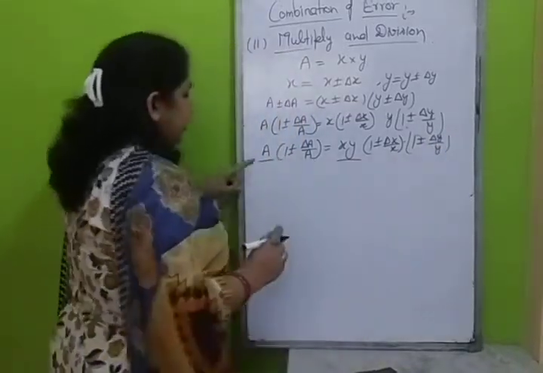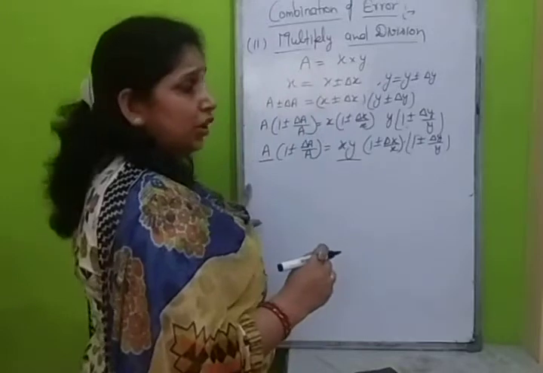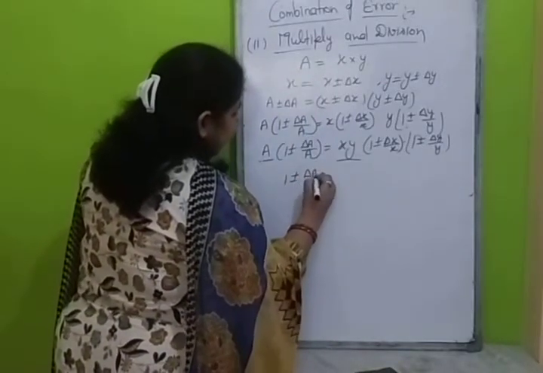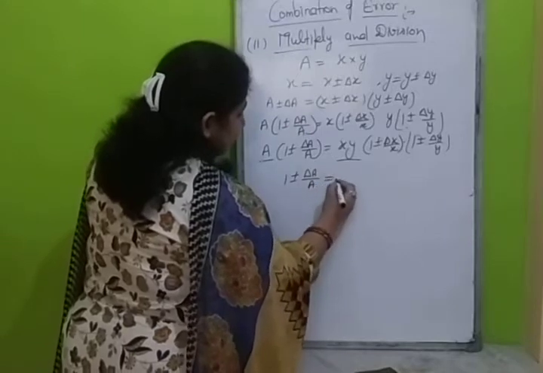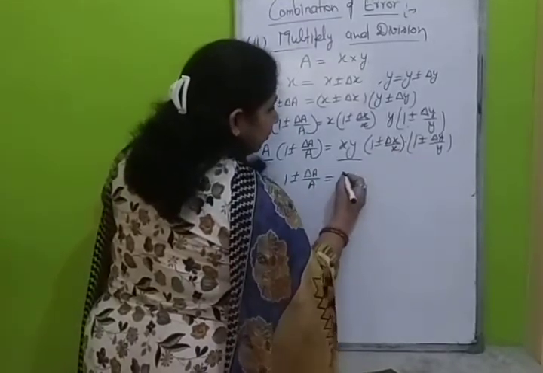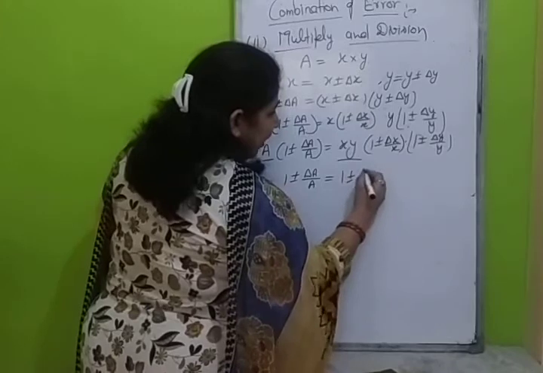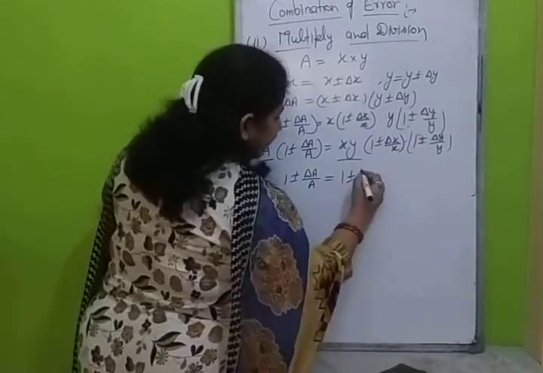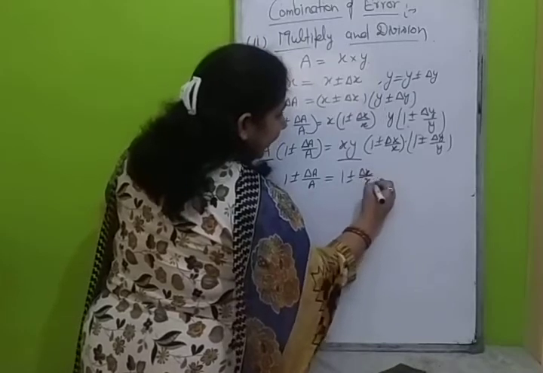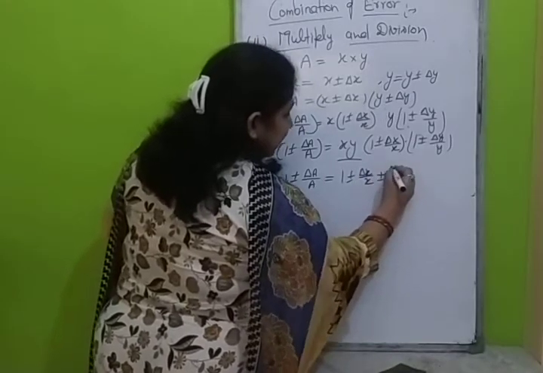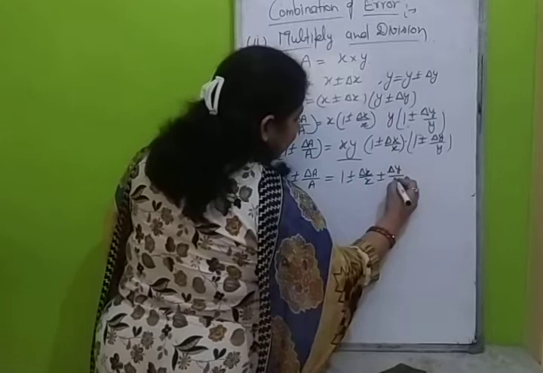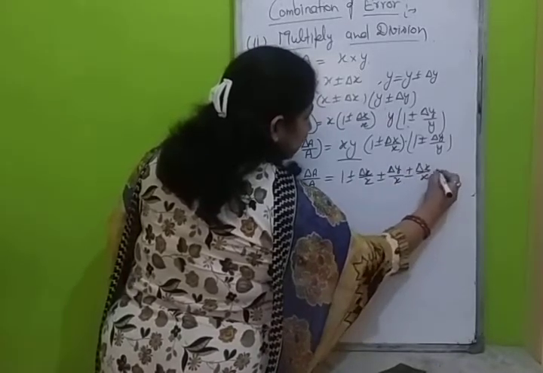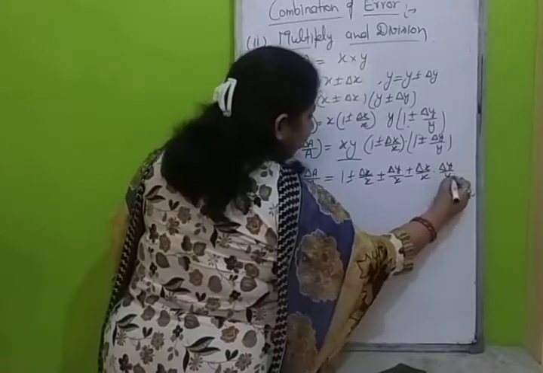This x y should be equal to A. Then definitely 1 plus minus delta A upon A is equal to, solving, 1 plus minus delta x upon x plus minus delta y upon y plus minus delta x upon x times delta y upon y.